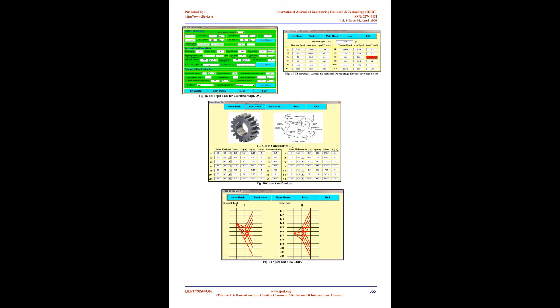The error between speeds, theoretical and actual, is a result of 23. The error between speeds, theoretical and actual, produces nth, is achieved from standard tables.